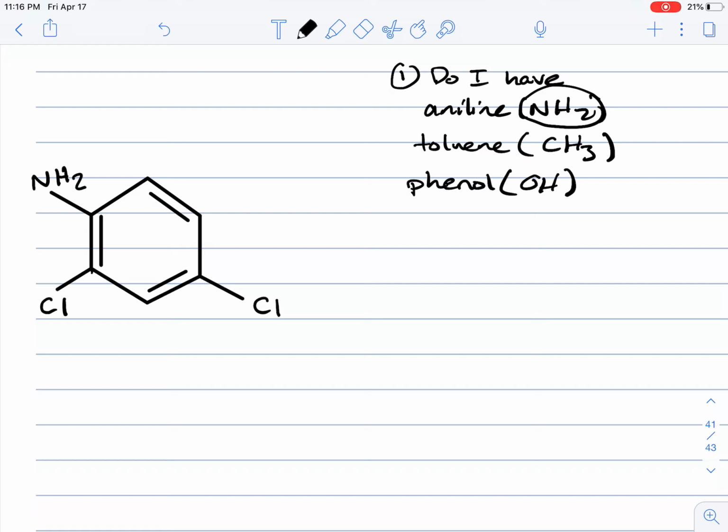It's going to be the substituent on the benzene ring. So aniline is not NH2. I'm just saying that there's a benzene ring with an NH2 forming aniline. I'm just shortening it up.